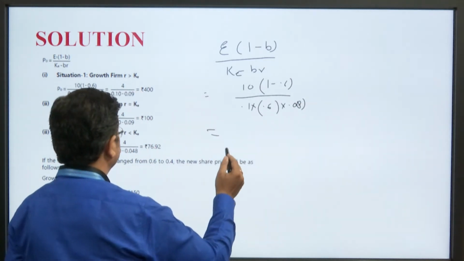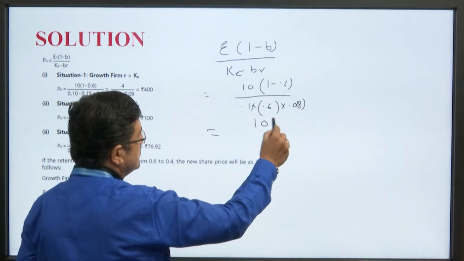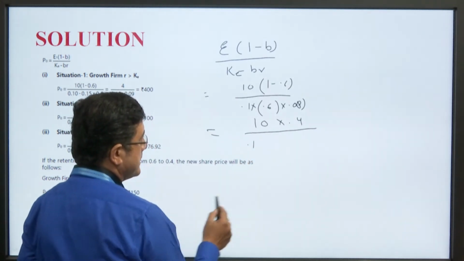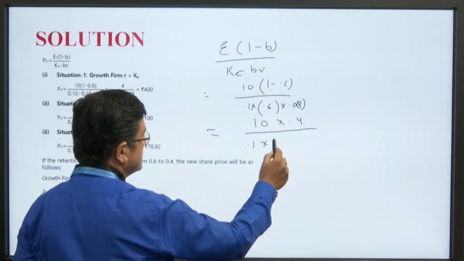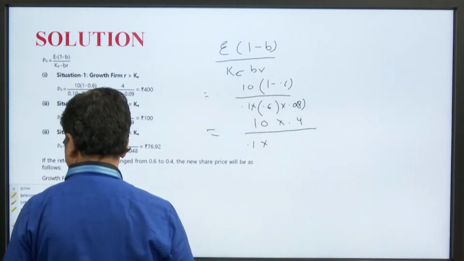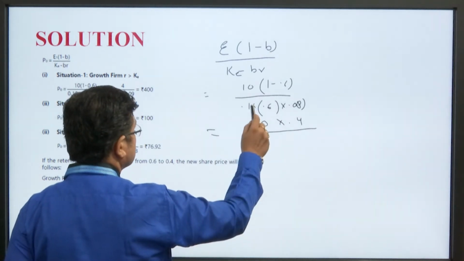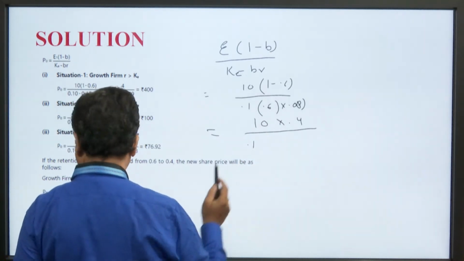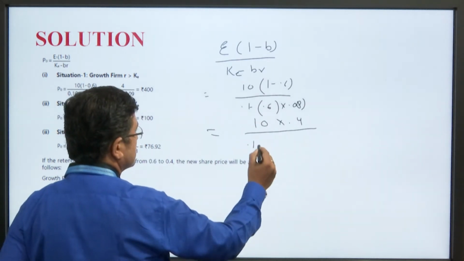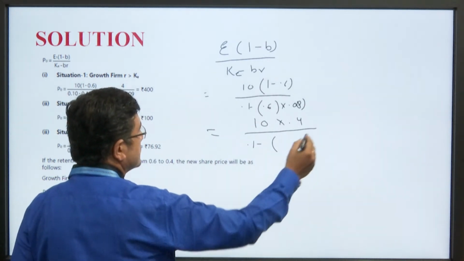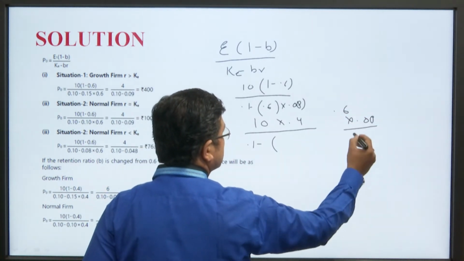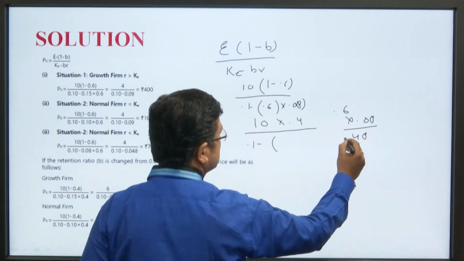Therefore, 10 into 0.6, sorry, it is not into here, divided by 0.10 minus 0.6 into 0.08, that is 0.048.